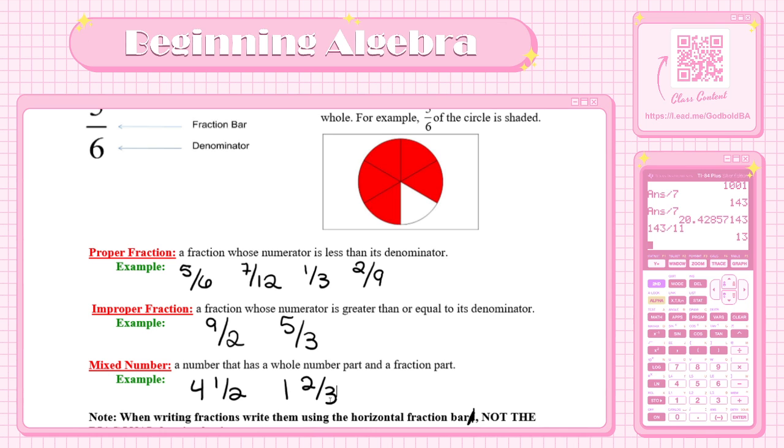So while improper fractions are maybe a little harder for us to visualize, they actually are easier to work with mathematically. When we start doing multiplication and division on these things, we're usually going to rewrite them from a mixed number to an improper fraction.